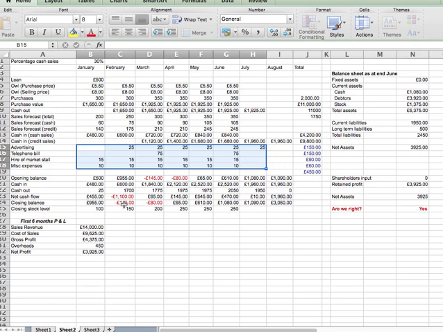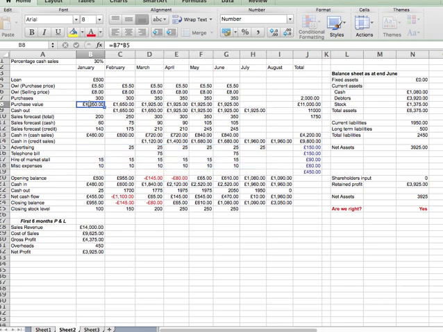The other cash that goes out is cash for purchase of parts. Now, we know that the arrangement the company has with its parts supplier is on 1 month credit. So the January parts, 1,650 here, purchase value, that's 300 purchases at £5.50, gets paid in February.